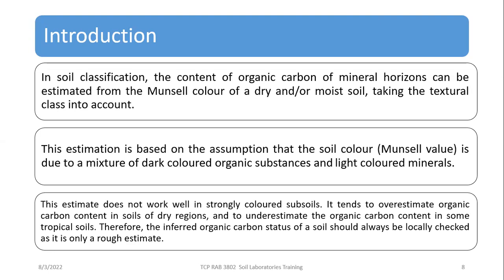In general, dark colored soils have high organic carbon, because you know that organic carbon itself is black. So when there is a black soil, this gives an indication that the soil has high organic matter.